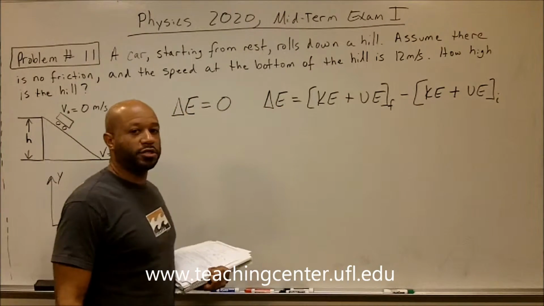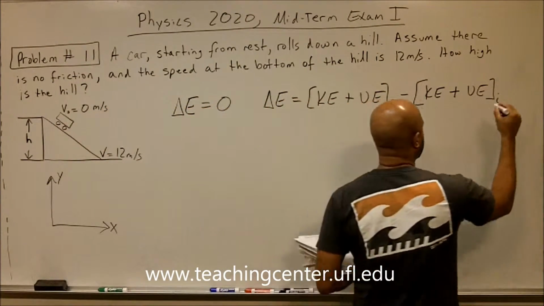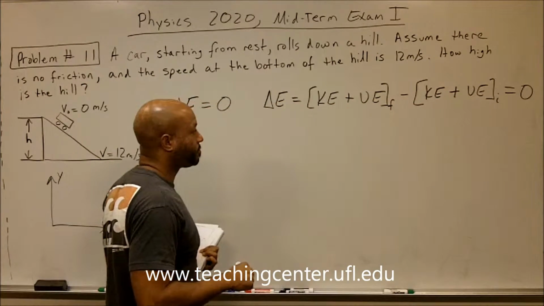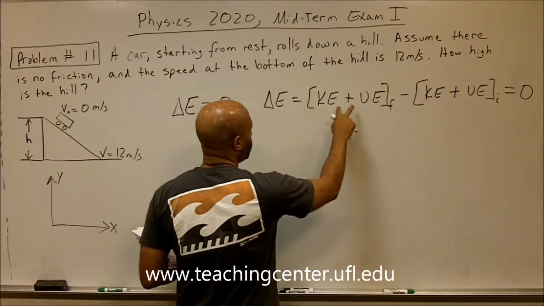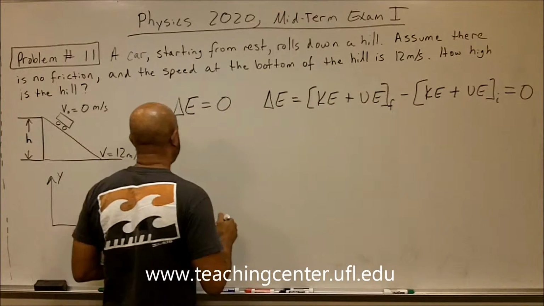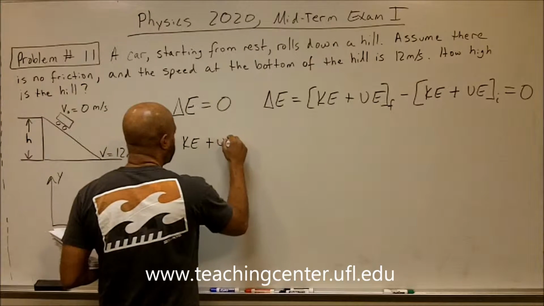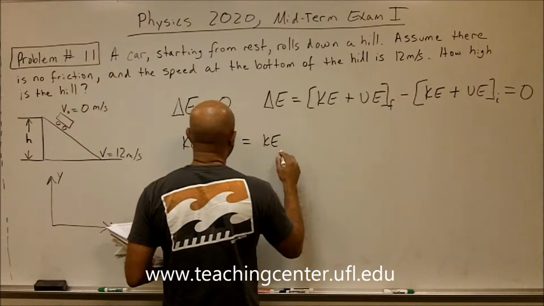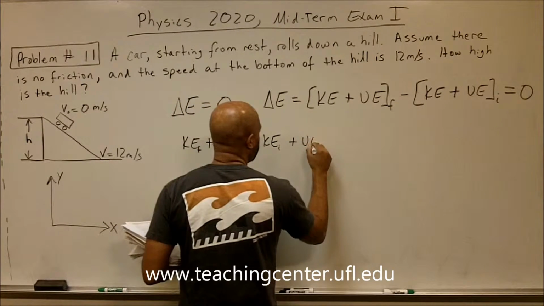So that is your change in energy. And we know that this is going to equal 0 since energy is conserved. So basically what that means is that your final energy is going to equal your initial energy, okay? So your final kinetic energy plus your final potential energy is going to equal your initial kinetic energy plus your initial potential energy.